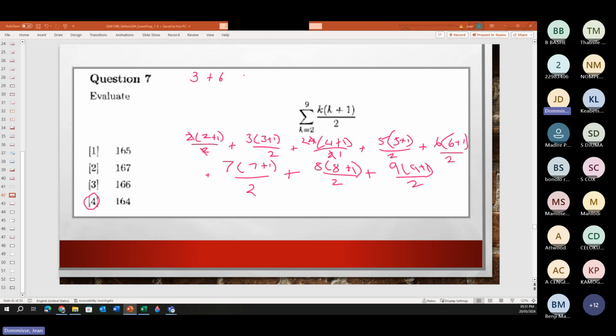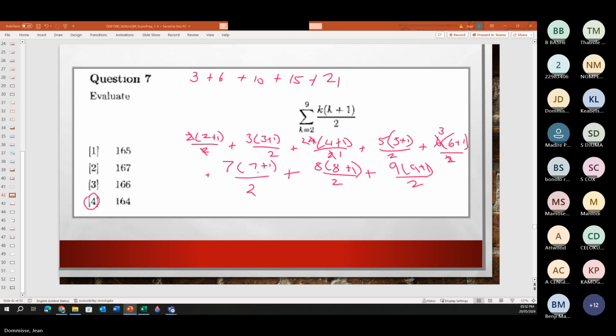So 2 times 5 is 10. 5 times 6 is 30, 30 divided by 2 is 15. 3 times 7 is 21. 7 times 8 is, what is it? 56, I think.